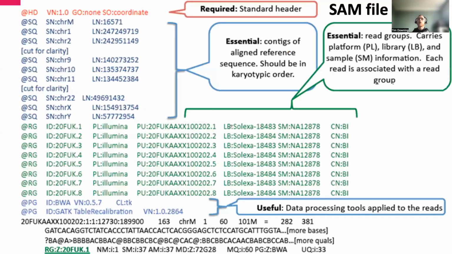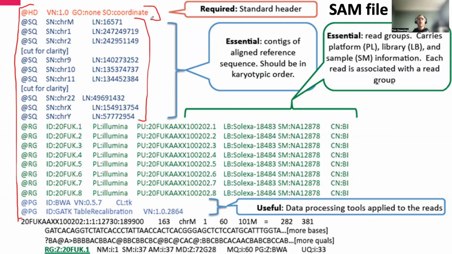The SAM file format we're going to have is something like this. You can actually look at this when you have the files on your computer. It'll typically have a header of some series of lines. It might be shorter than the one shown here, because this is a human example where there's a bunch of chromosomes. If we're dealing with a host or vector, maybe more like this. If we're dealing with a virus, it'll be more brief.